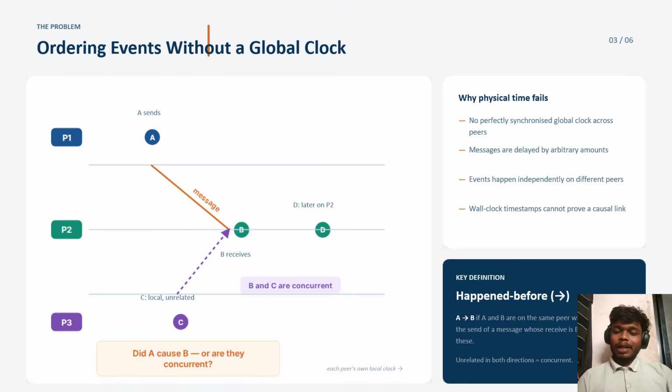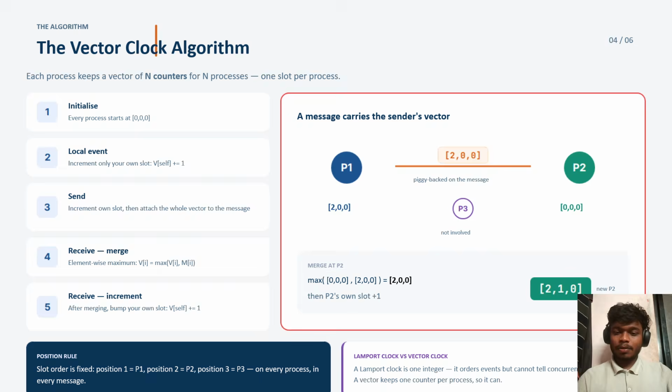So we need a system that can definitively say event A happened before event B. If event B and event C occur at the exact same time, independently, we call them concurrent events. These are some basic challenges in our critical systems. So we can move on to the next slide.